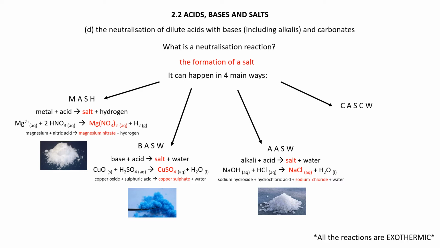Lastly is CASCU. As the final reaction to form a salt, a carbonate can react with a dilute acid to form carbon dioxide gas, as well as the salt and water. This is because carbonates are weak alkalis and form the same products as the bases and alkalis we just talked about.